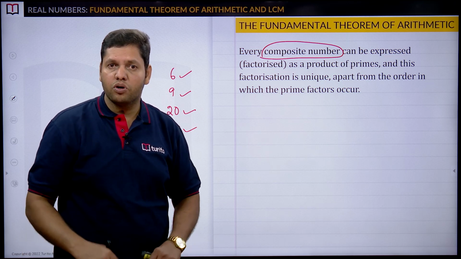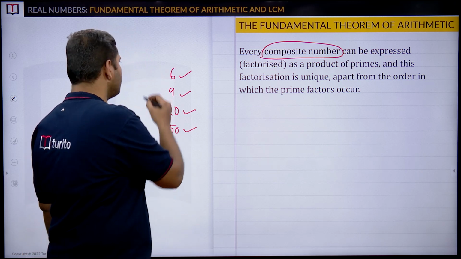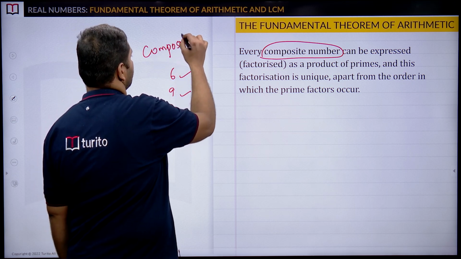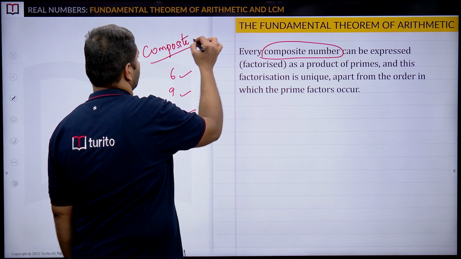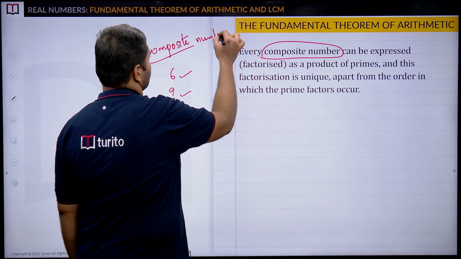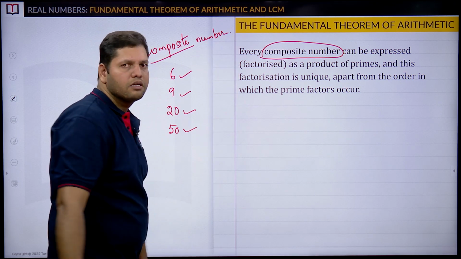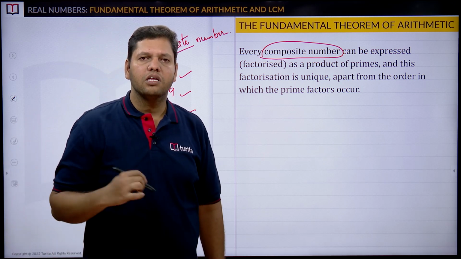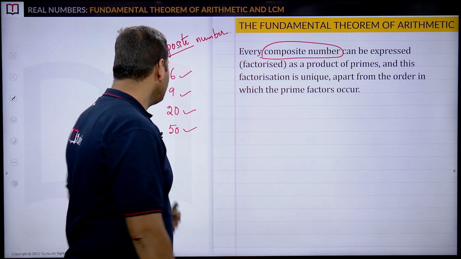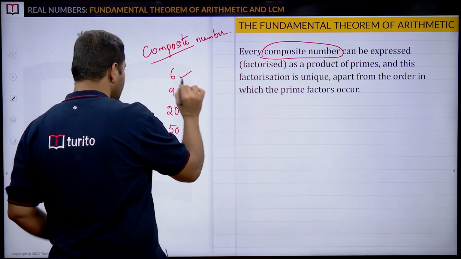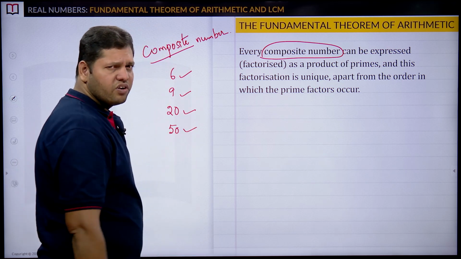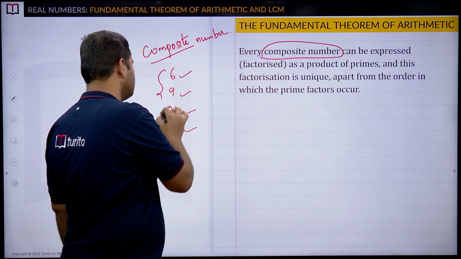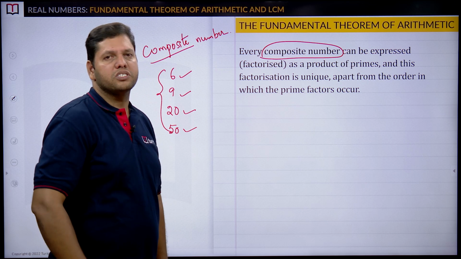If a number has more than two factors, we can call it a composite number. Clear, children? So I can say 6 is a composite number, 9 is a composite number. You can take 20 or 100, anything. These are all examples of composite numbers.